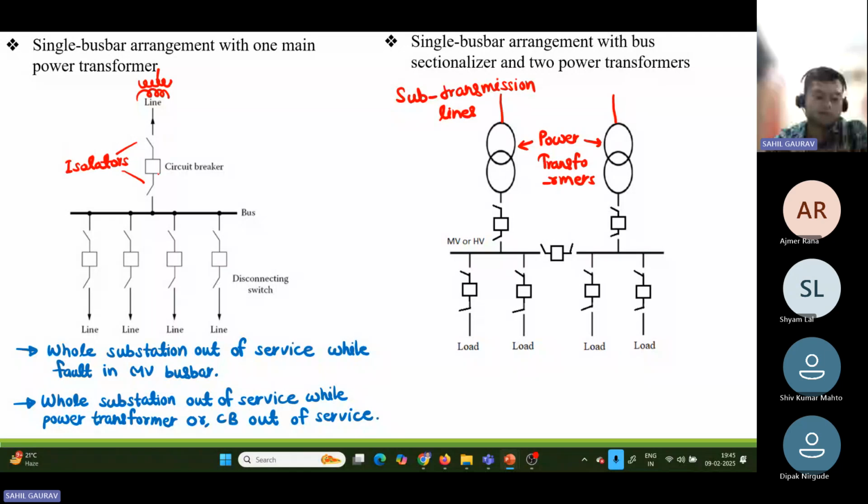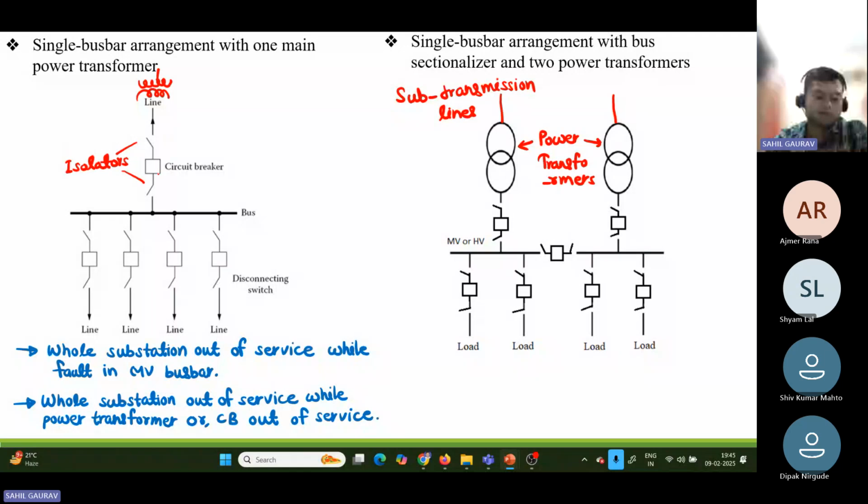Now coming to the next section. There are some problems on the typical outdoor and indoor substation. You can refer to the last lecture, and here I have just noted down the important points. What are the differences between outdoor substation and indoor substation?